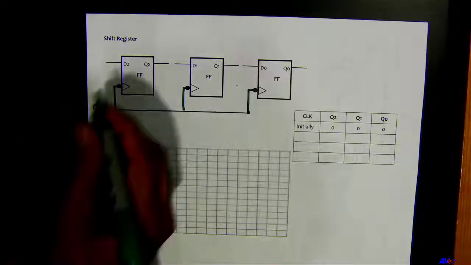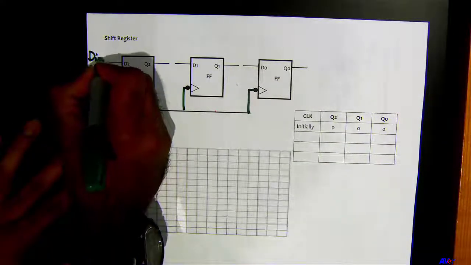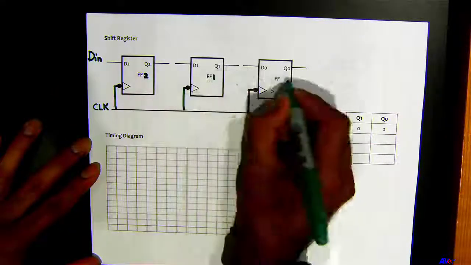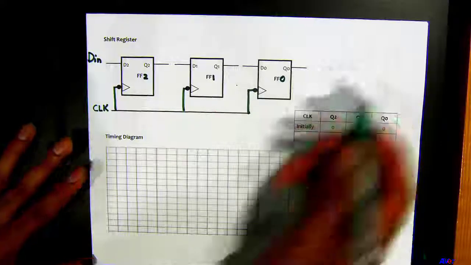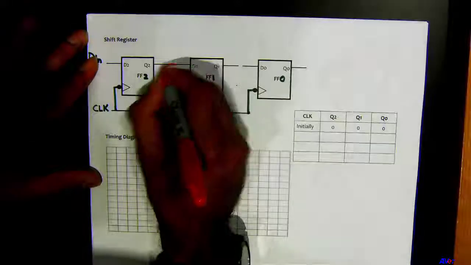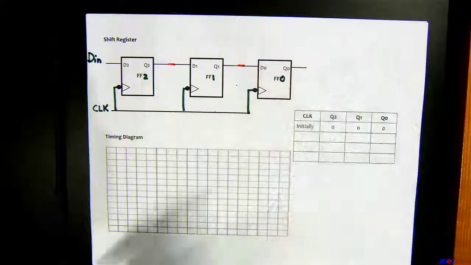And then I have my D input right here, the data that's coming in. So this is flip-flop 2, this is flip-flop 1, this is flip-flop 0. All these are connected together, right? The output Q2 becomes the input of D1 and so on.